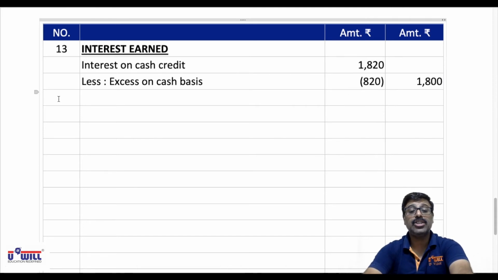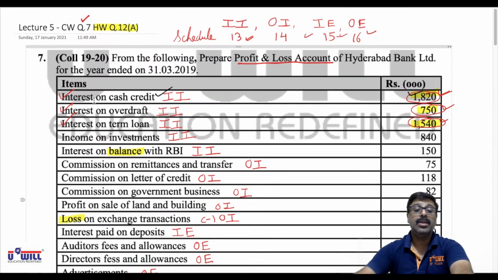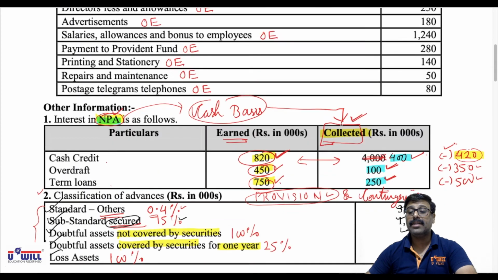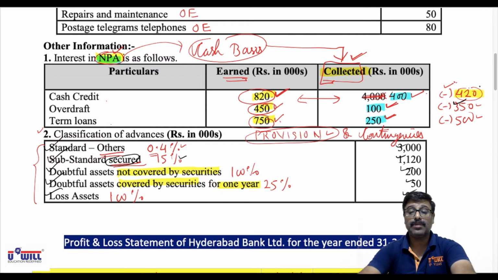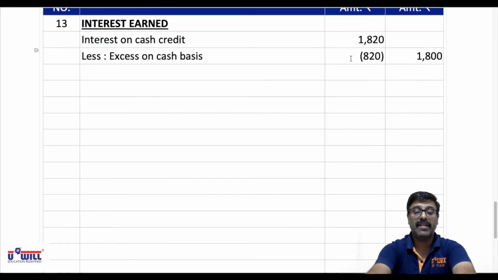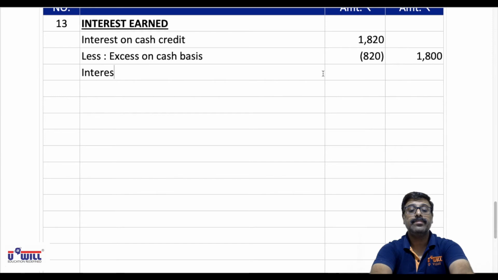Same way we'll take interest on overdraft and term loan also. Very first interest on overdraft is 750, and from that we have to subtract 350 extra rupees as per adjustment 1. So all of you write down interest on overdraft 750. From that we have to subtract excess on cash basis, that is 350.